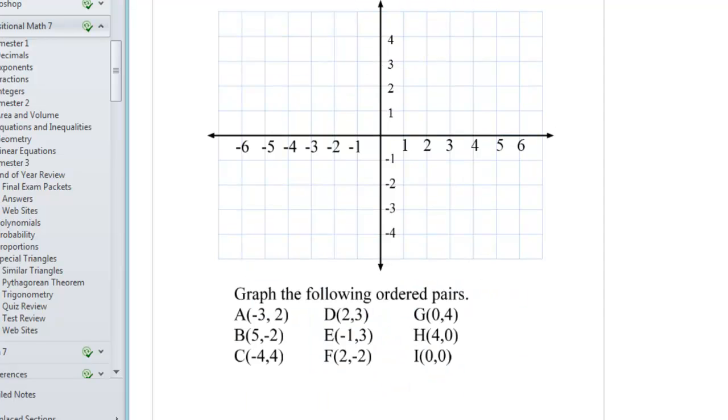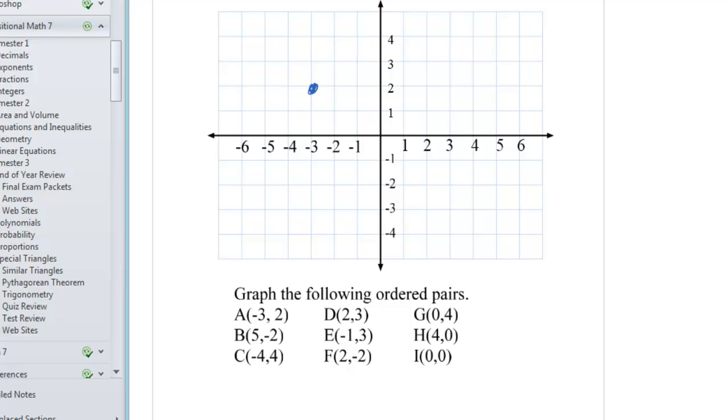In this next section, we're going to graph the ordered pairs and label each point with the letter that corresponds with it. So with the first one, I'll do a couple of these with you and then have you finish them. A is -3, 2. So move over 3 in the negative direction on the x-axis and then up 2 in the positive direction for y.